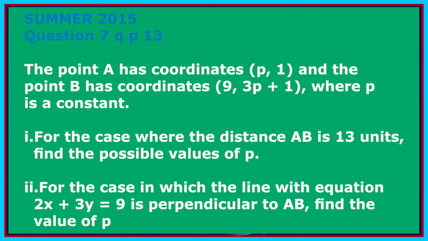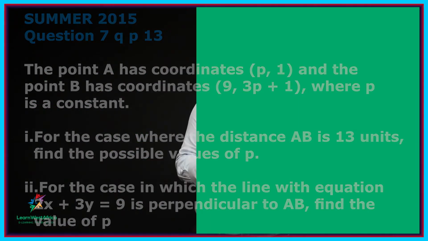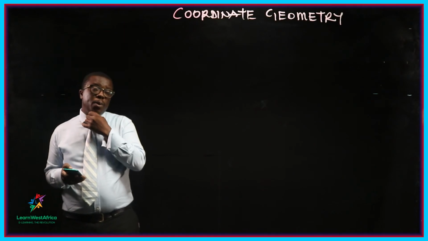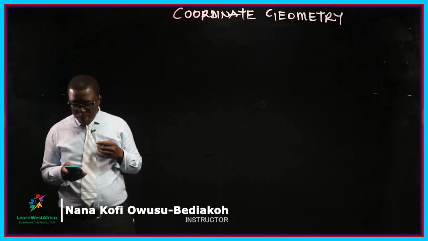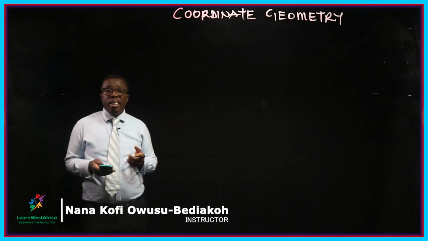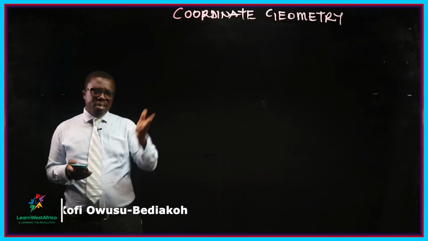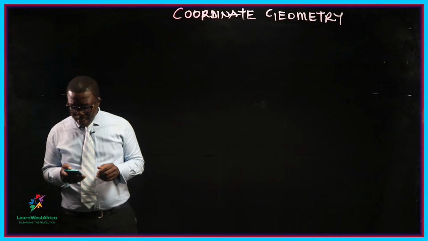II, for the case in which the line with equation 2x plus 3y is equal to 9 is perpendicular to AB, find the value of p. Okay, so we look at the last variant, question paper 1-3, and again question 7 of that, as the question was also shown on your screen.